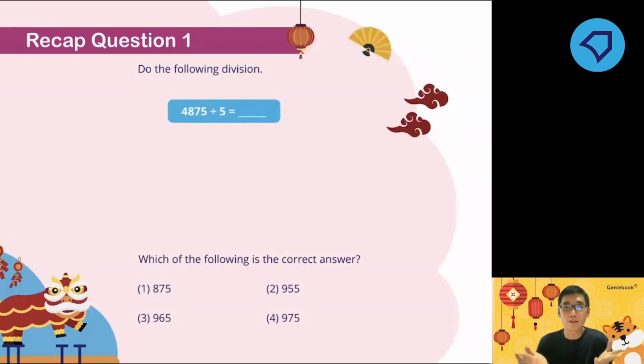You have a piece of paper, go and get your paper and do your working right now. 4,875 divided by 5 is equal to, so what is the quotient to this question? I'm going to give you 1 minute very quickly right now. Use your paper and your pencil or pen, work out the answer. Your 1 minute begins now.